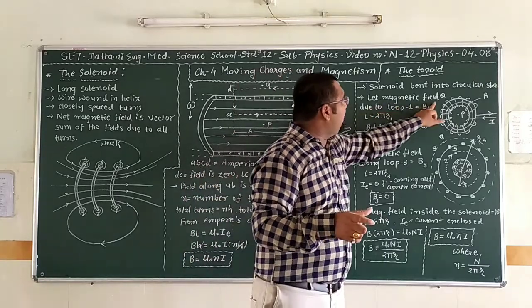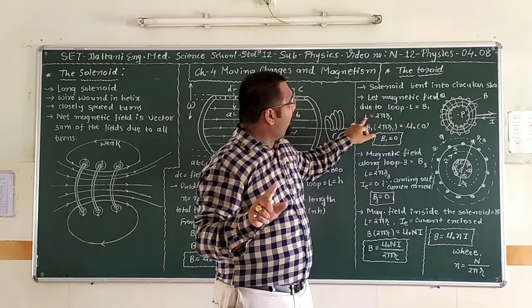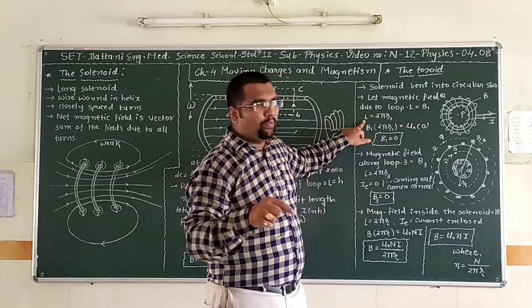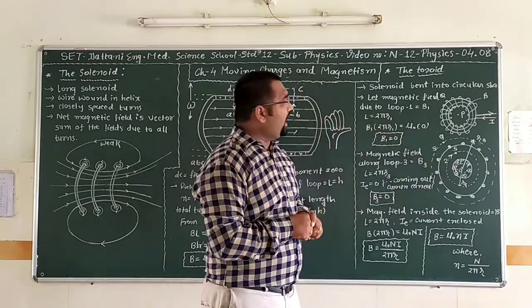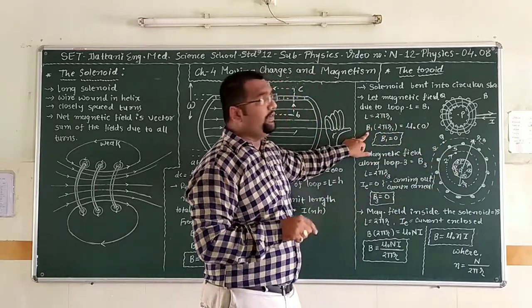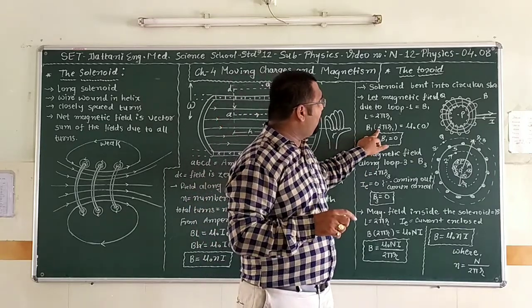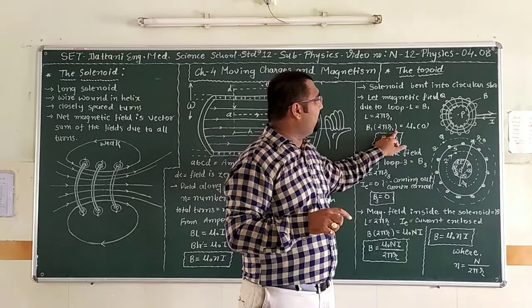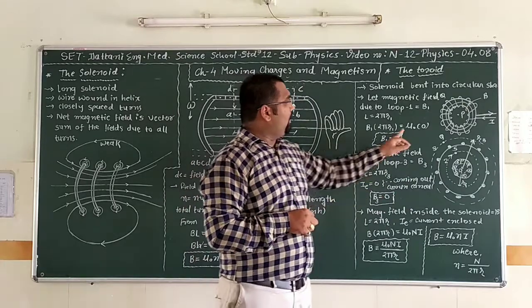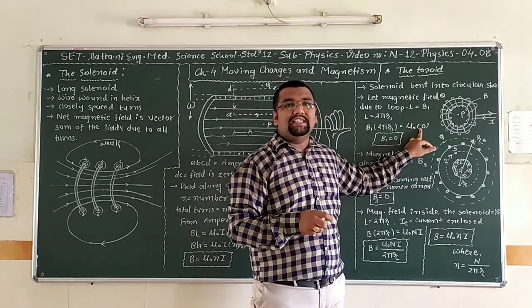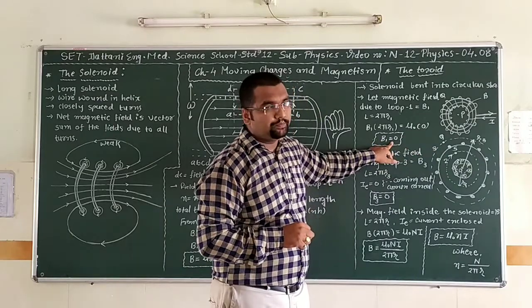Let the magnetic field due to loop 1 be B1, and the total length of that loop be L equal to 2 pi R1. If we apply Ampere's circuital law, B1 into 2 pi R1 equals mu 0 into 0, because the value of I is 0 over here. So B1 equals 0.